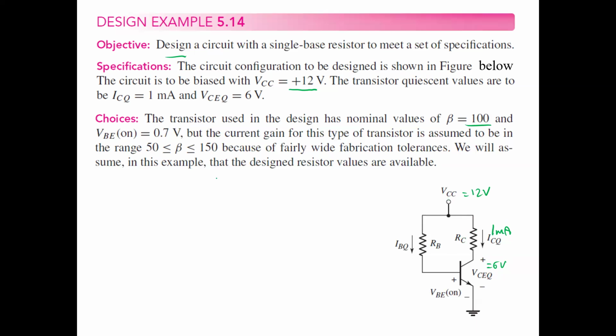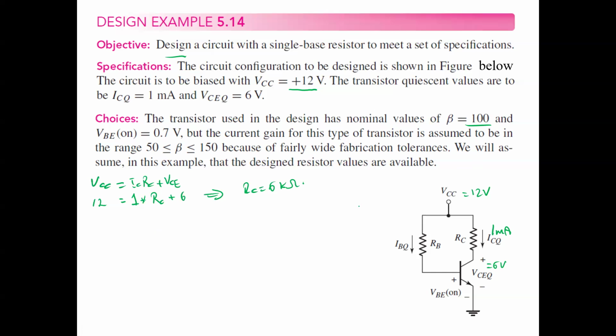So in this case, on the output current voltage relation, VCC equals IC RC plus VCE. So we can say 12 volt equals I collector, which is 1 milliampere, times RC in kilo ohm plus the VCE, which is 6 volt. So from here, guys, we can say RC equals 6 kilo ohm. So we got the value of RC from this relation.